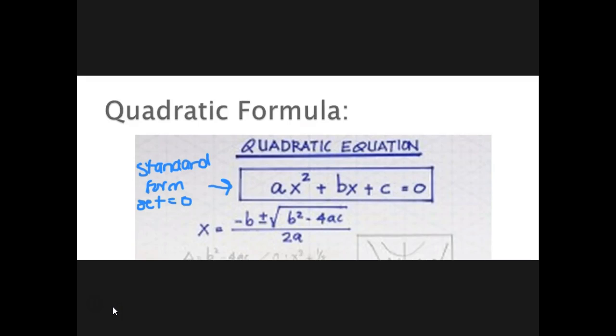And then this right here, this is the quadratic formula.